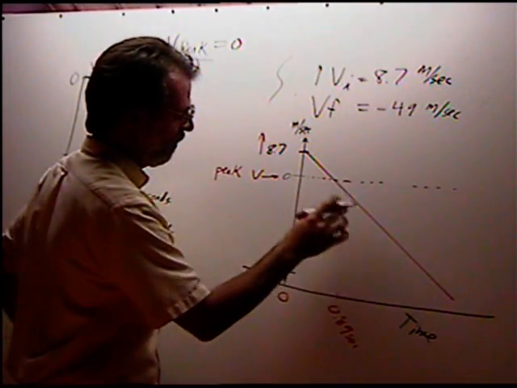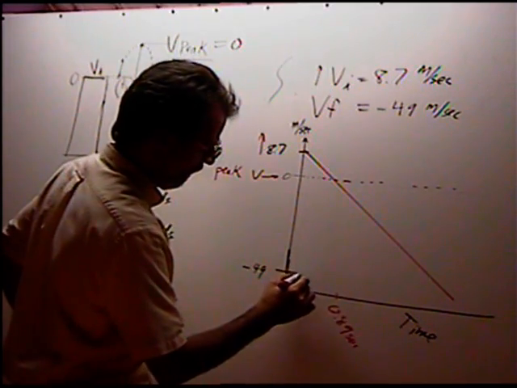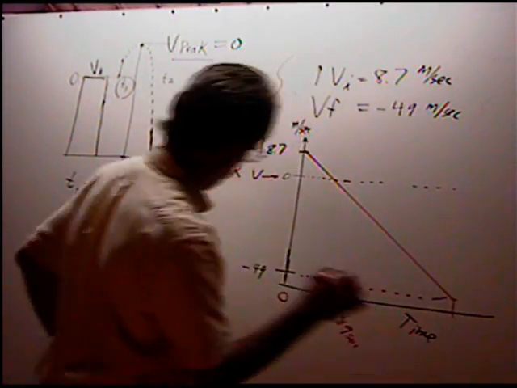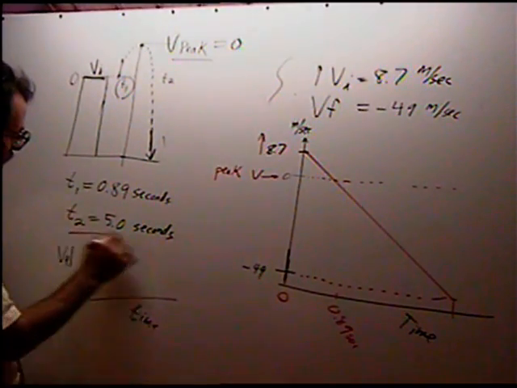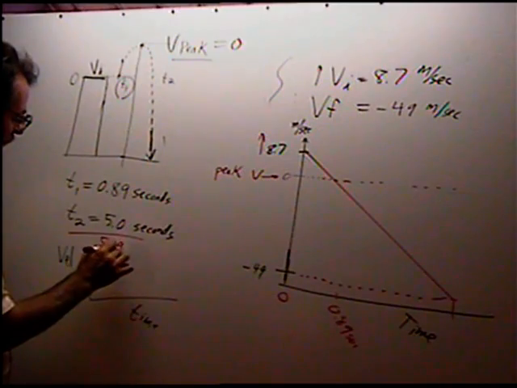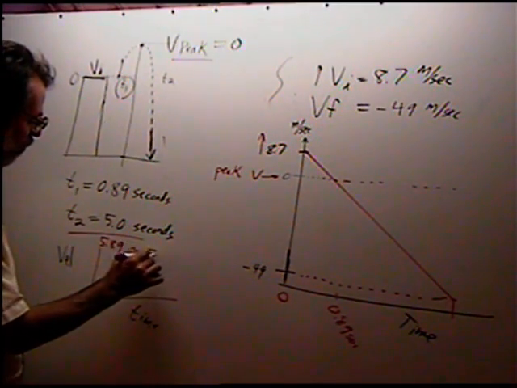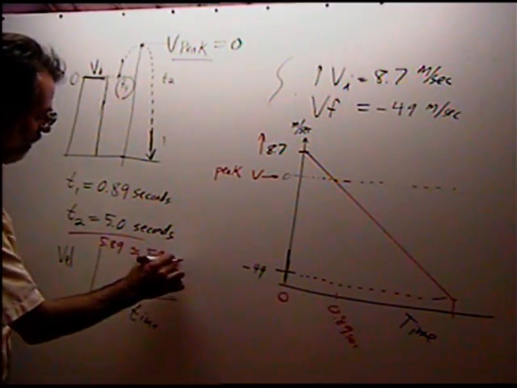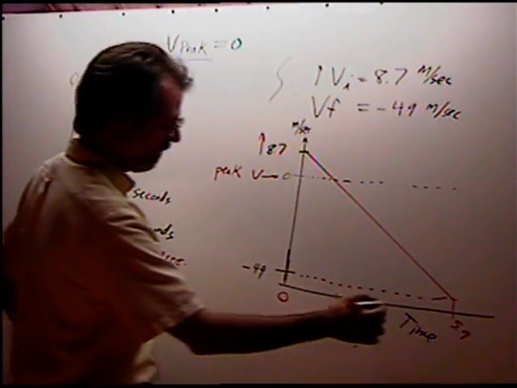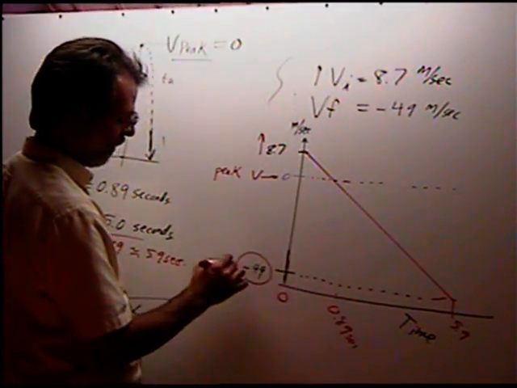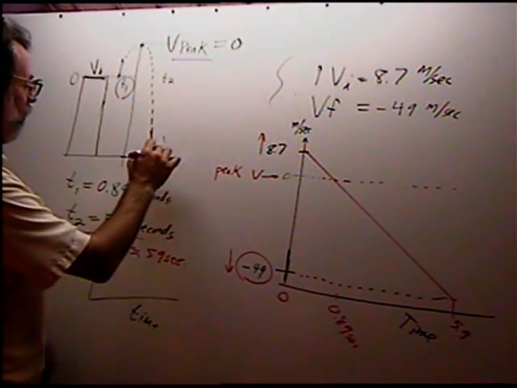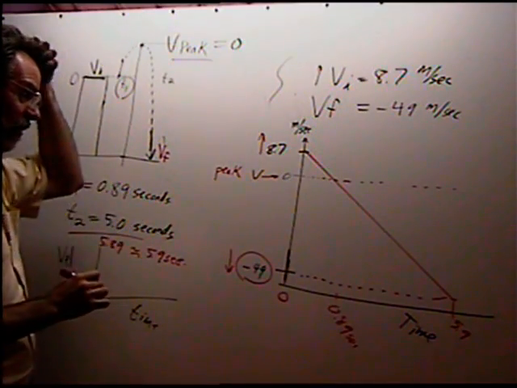So notice this is a straight line, and remember the total time here is 5.89, or about 5.9 seconds. So at about 5.9 seconds, the velocity is negative 49 meters per second. That's where it hits the ground.